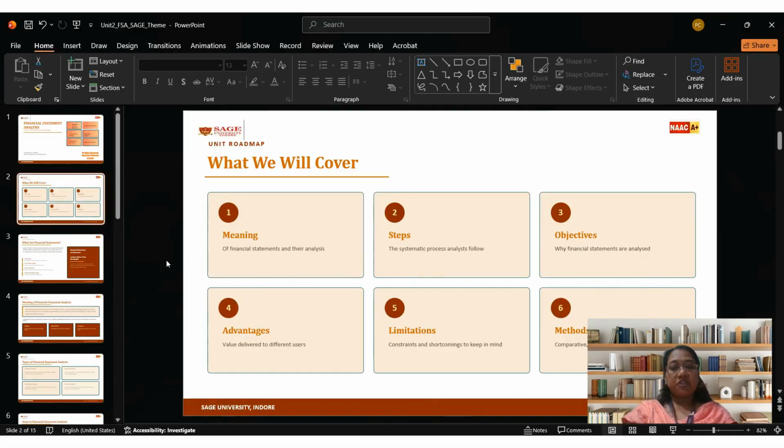Before we analyze financial statements, let's quickly recall what they actually are. Financial statements are formal, structured records that summarize the financial activity, position, and performance of a business over a period of time and as on a particular date.